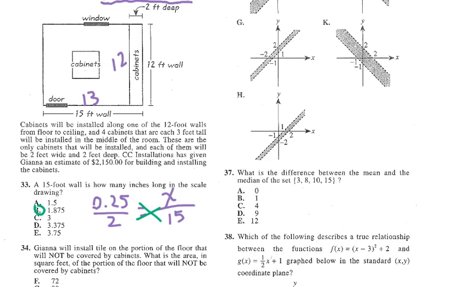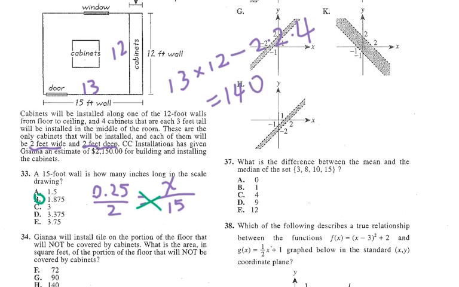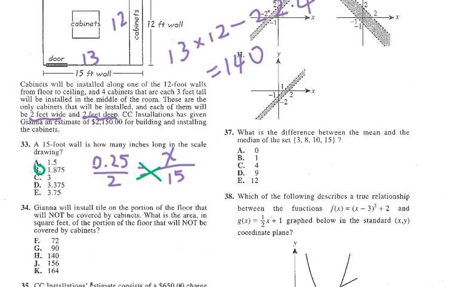Multiplication, that's the area of the floor. Then you need to subtract the cabinets. Each cabinet is 2 feet wide and 2 feet deep. Therefore, for each cabinet, the area will be 2 times 2. Altogether it's 4. Then subtract 4, and you will get 140. Therefore, for 34, the answer will be H.